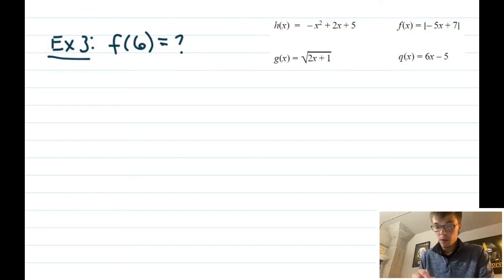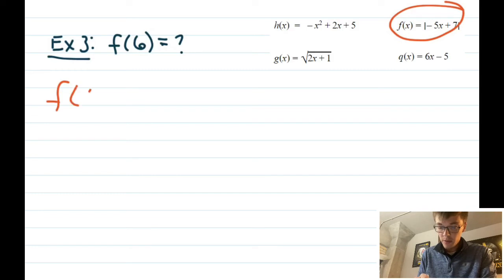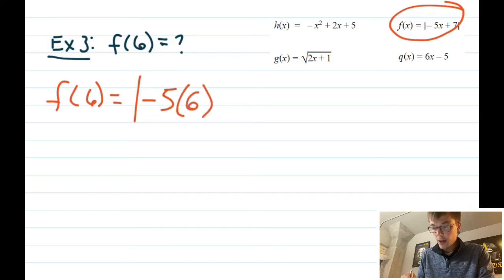Okay, picking up on this one, f of 6. Now we're going to use the f of x equation up in the top right-hand corner. So f of 6 equals the absolute value of negative 5 times 6, that's our x, plus 7. Just remember, every time you see that x, you're replacing it with a 6. And we close the absolute value here.